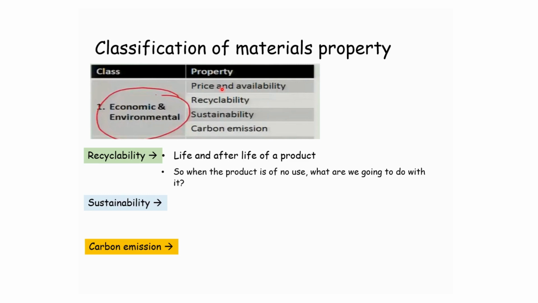Of course, it is not practical, because it has a very high price and also limited availability. So we find other alternatives such as steel, which is cheaper and more available. Then we take a look at the second property under the classification of economic and environmental.